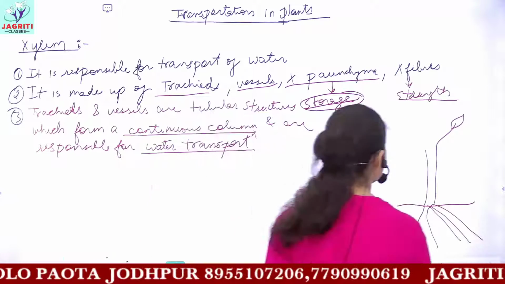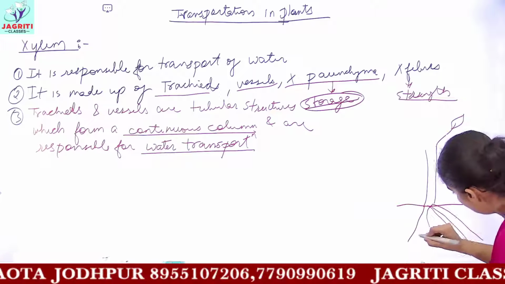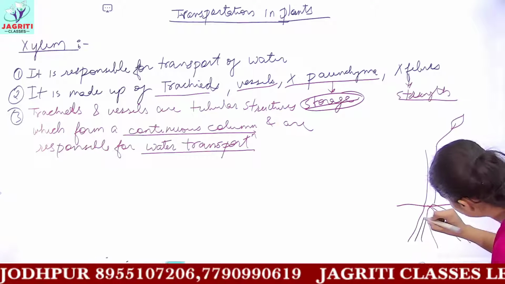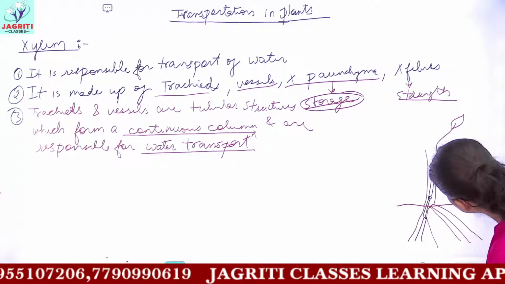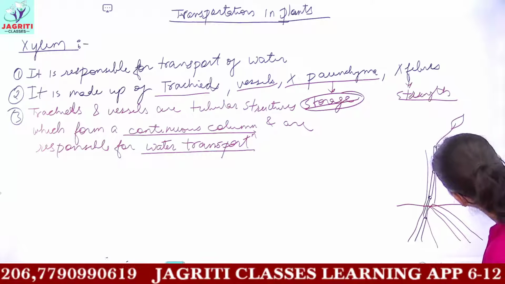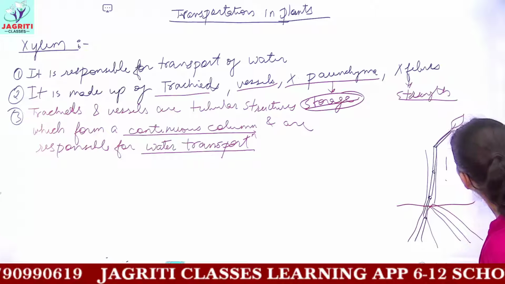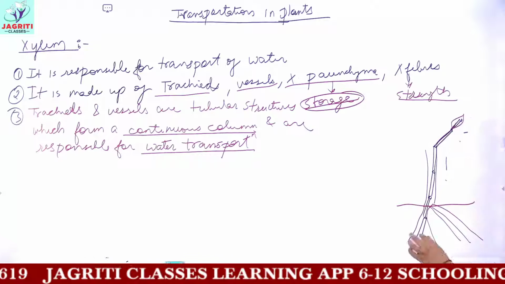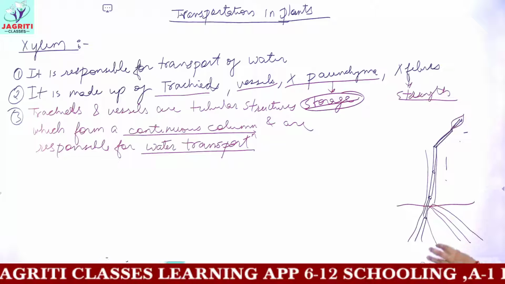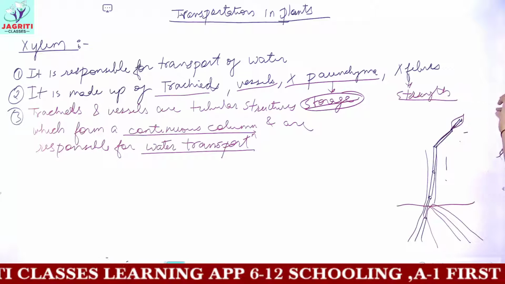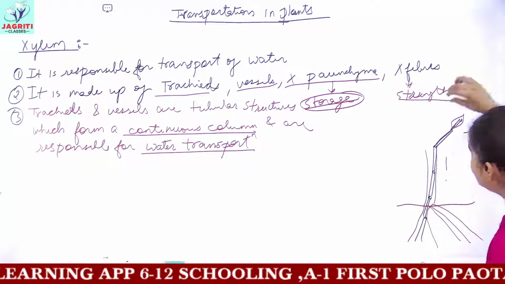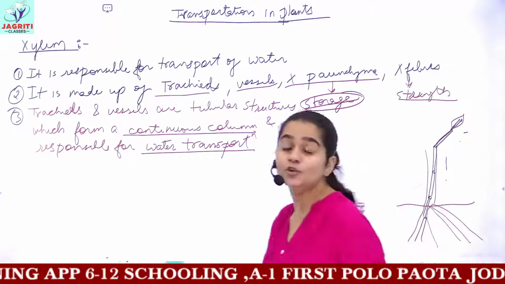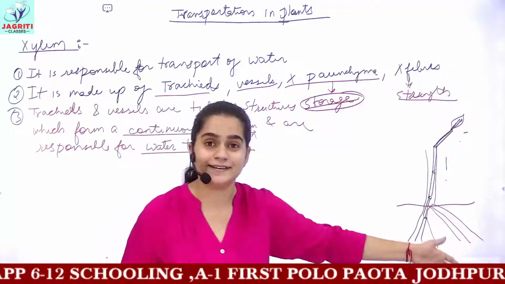So these tracheids and vessels, if I try to explain, are cylindrical tubes, and these form a continuous column starting from the base, that is roots, and ending at the top or apex of the plant. So this forms a continuous column-like structure throughout the body of the plant.